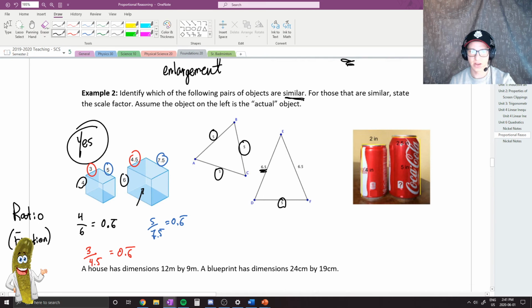But we don't see that. We see a 6.5 and we see a 6.5. So immediately, just looking at this, I can say that not all side lengths have been scaled up or scaled down the same. That this DF side length of 5 remained the same. It wasn't scaled up at all. So right away, I know that those two objects are not similar.